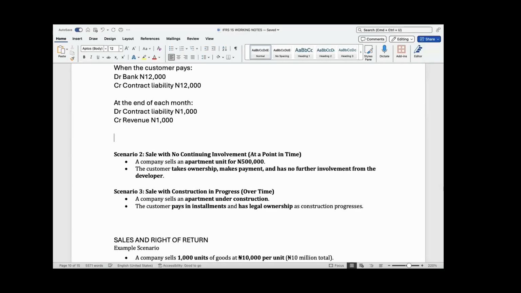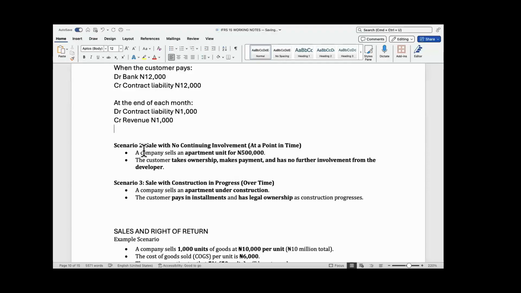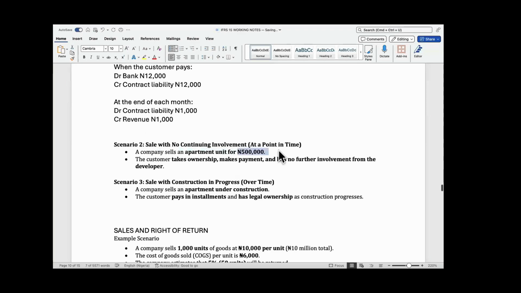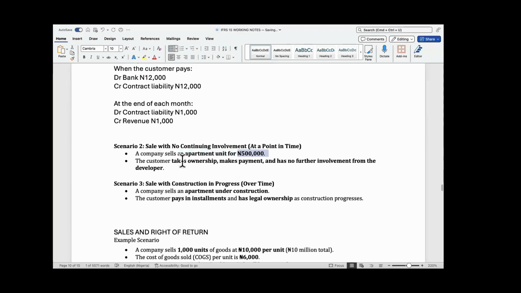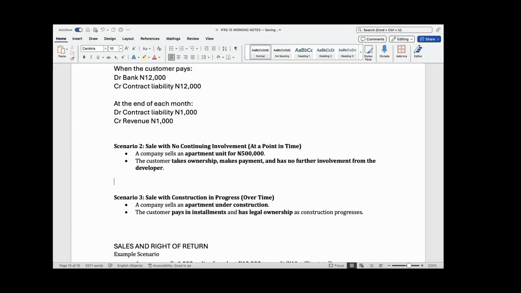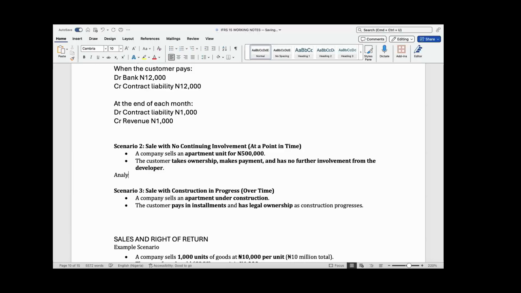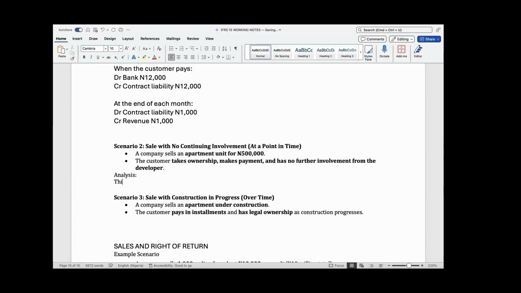Scenario 2. A company sells an apartment unit for 500,000. The customer takes ownership, makes payment, and has no further involvement from the developer. So this is a performance obligation satisfied at a point in time.